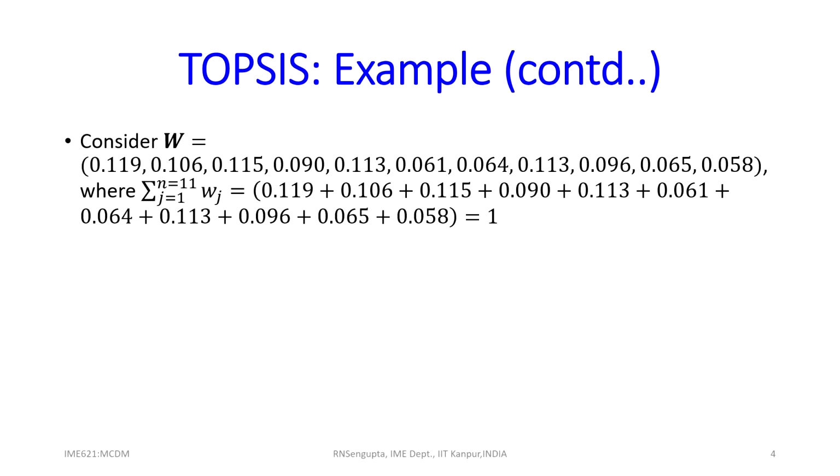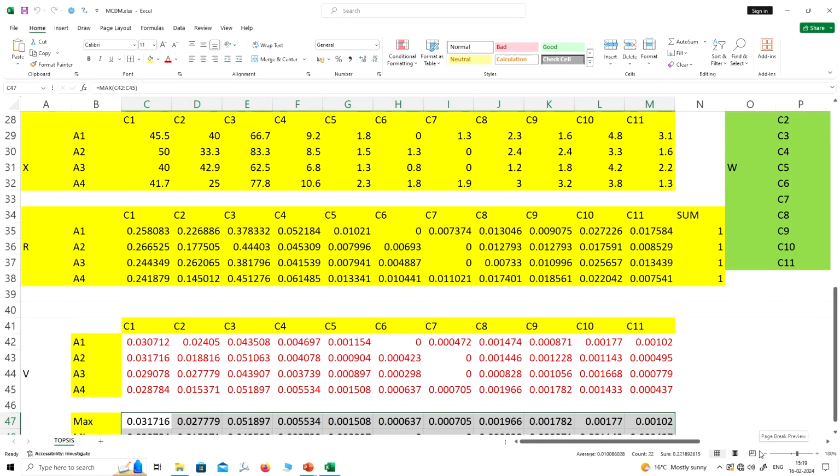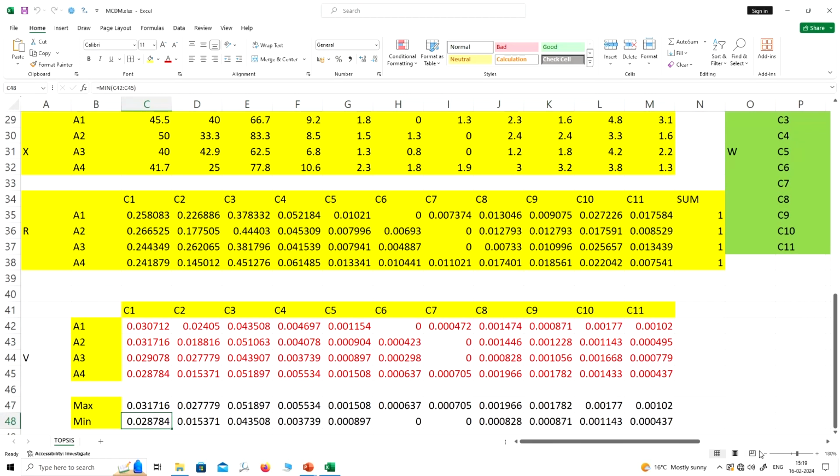Now, if you remember, we were discussing the weights, and weights are specific to the criteria. Let me go back to the Excel sheet. The weights are given.